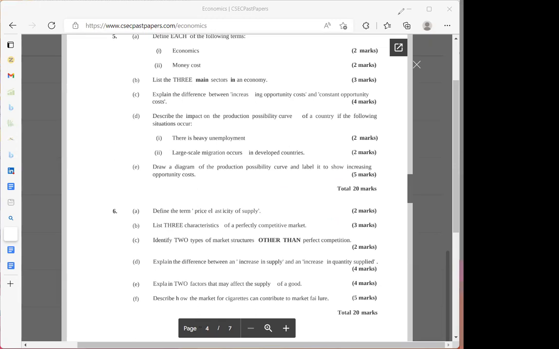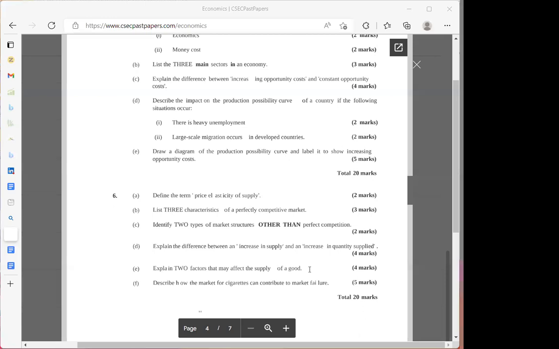So price elasticity of supply. PES measures the responsiveness of quantity supplied to a change in price.